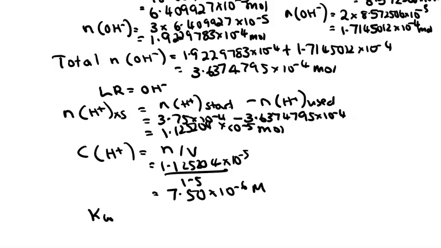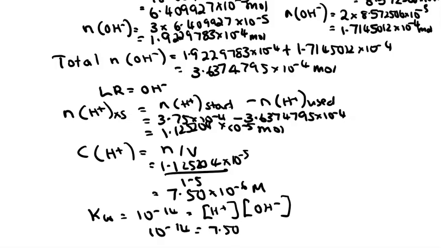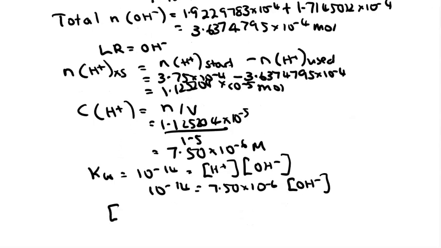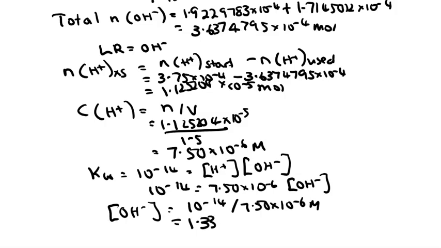Using Kw, 10 to the negative 14, the hydroxide ion concentration is 1.33 by 10 to the negative 9 molar.